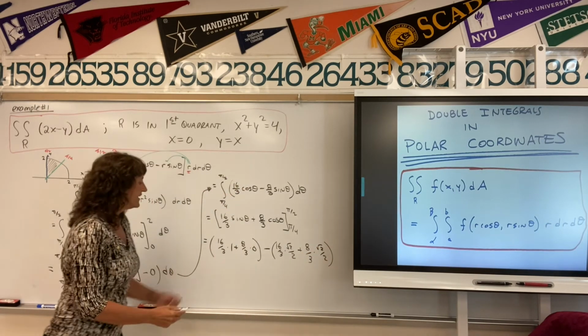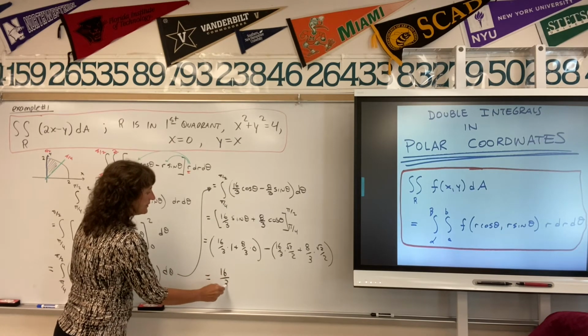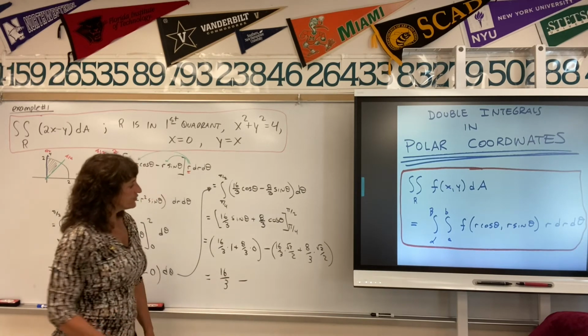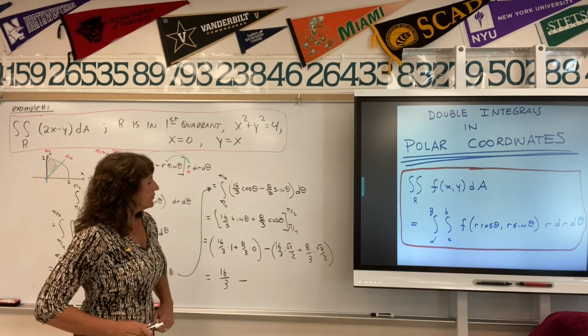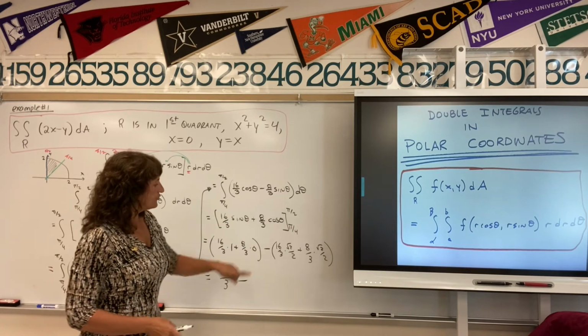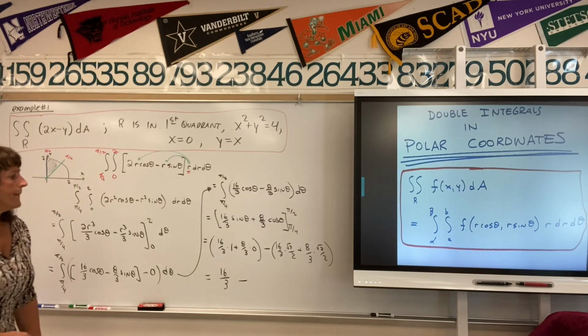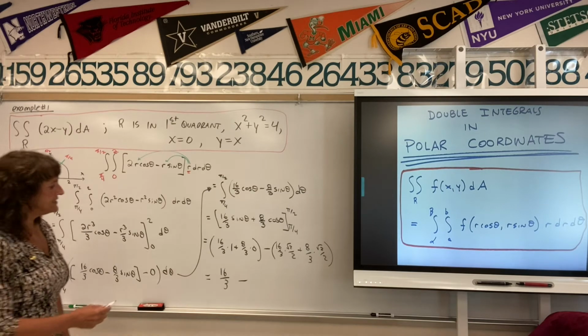Okay, so when you evaluate this, it looks like we have 16/3 here, okay? And we're subtracting from that what we have over here: 16 radical 2 over 6, and 8 radical 2 over 6, which is 16 plus 8.